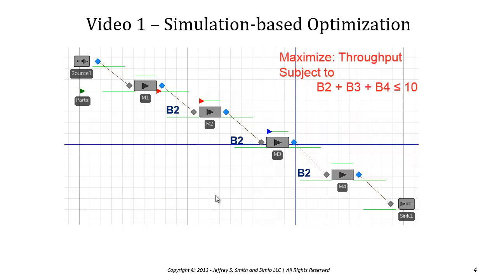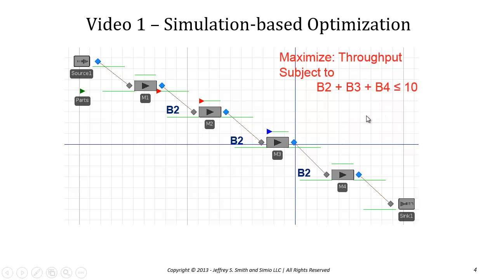So from an optimization perspective, our problem now is to maximize the throughput subject to a constraint on our 3 decision variables. B2, B3, and B4 are the decision variables, the buffer capacities, and we have a constraint saying that we want to allocate these such that the total number allocated is not more than 10.